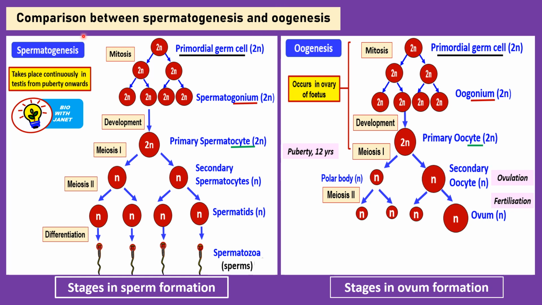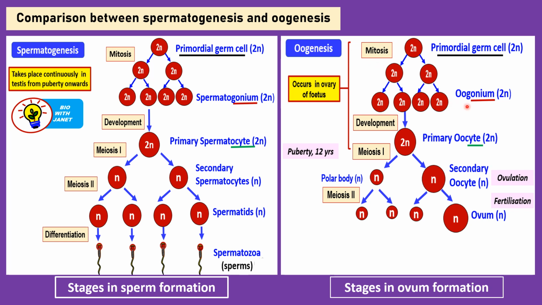Apart from that, both of these processes start off with the primordial germ cell, which is diploid. Then also take note that the ending, the syllable at the end sounds the same, gonium. For example, in spermatogenesis, primordial germ cells divide by mitosis to form spermatogonium.